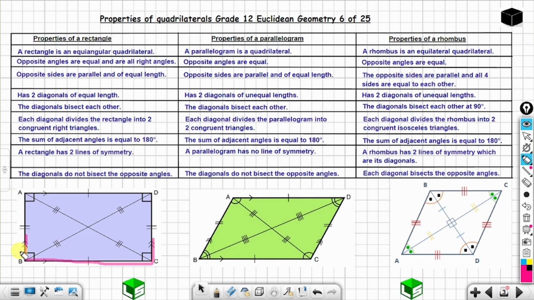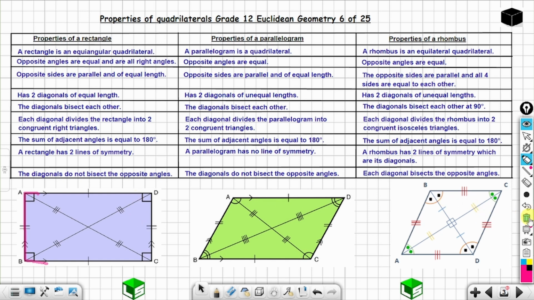This side is parallel to this side. You can also use this. This angle plus this angle, you are going to have 180 degrees because this side is parallel to this side. So adjacent angles are supplementary.